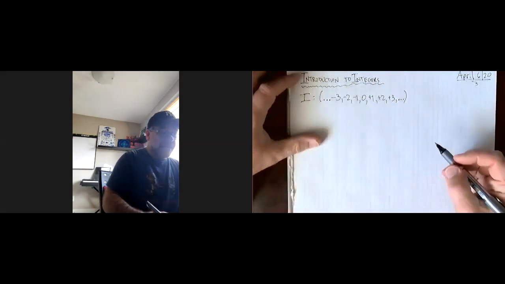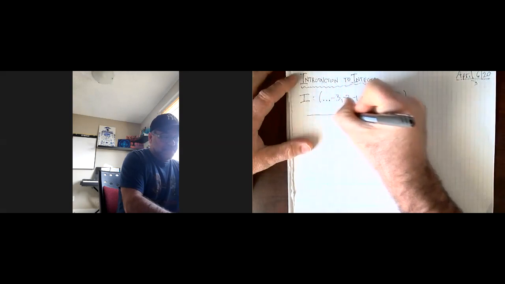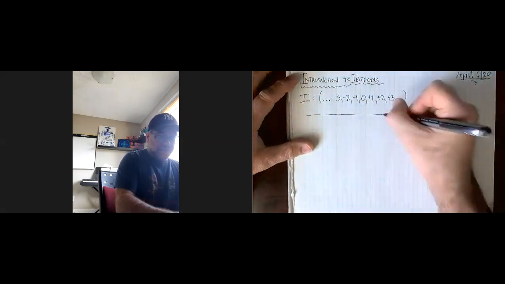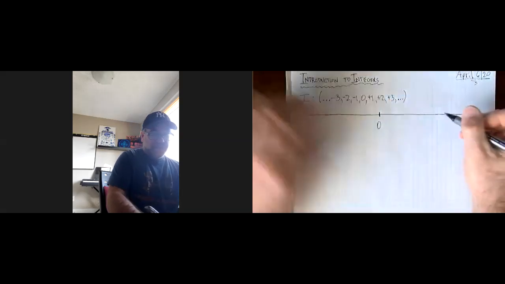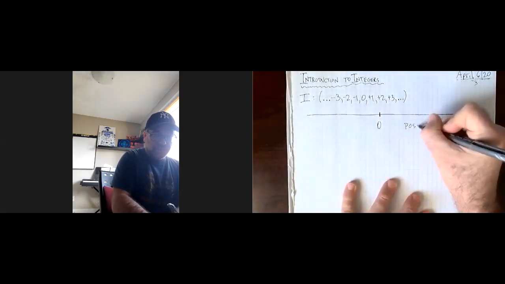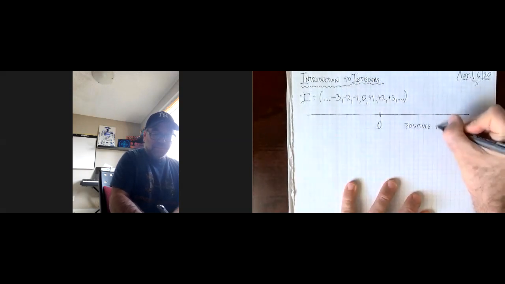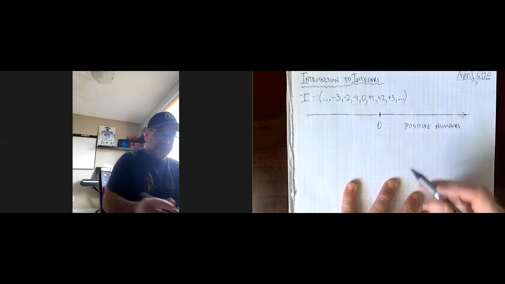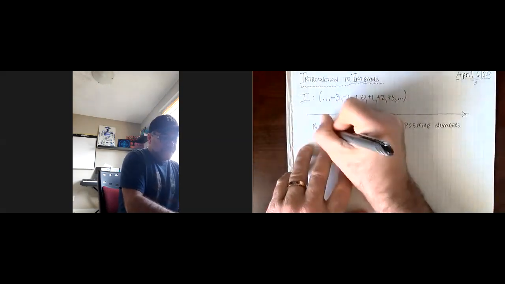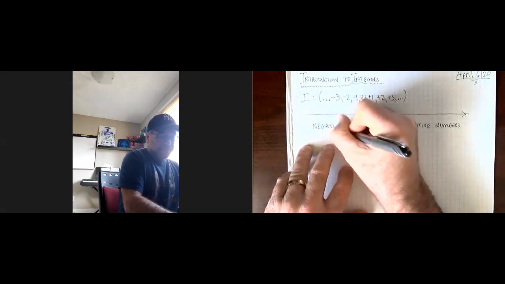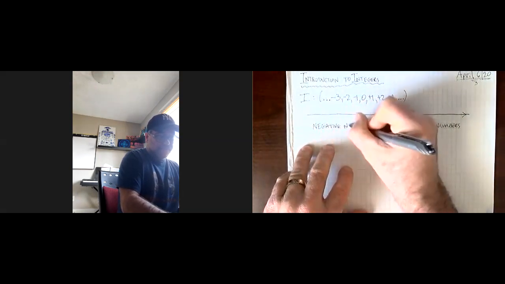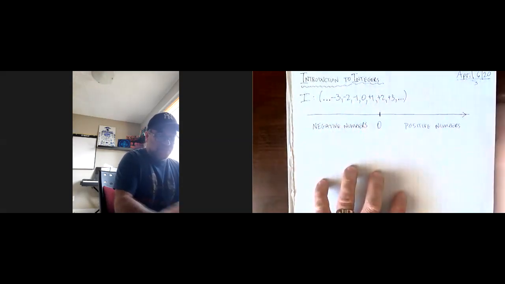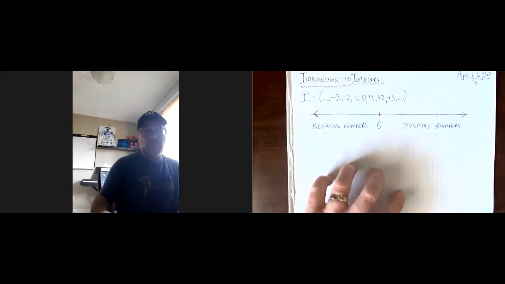So on one side, if you think about the common model, there's a couple of common models. The common model we have is with positive numbers to the right of 0, going this way, and the negative numbers to the left of 0, going that way.